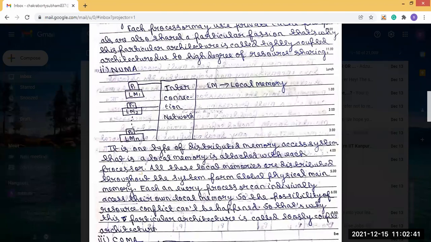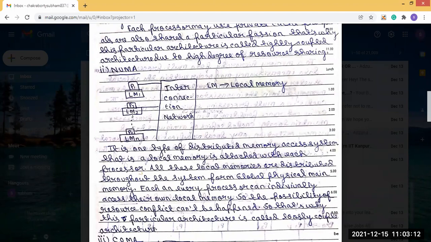LM1 cannot be accessed by the P2 processor because it is the own local memory of P1. P2 doesn't have permission to access the local memory of P1 or LMn. P2 will only be able to access its own local memory, LM2. Other local memories cannot be accessed.